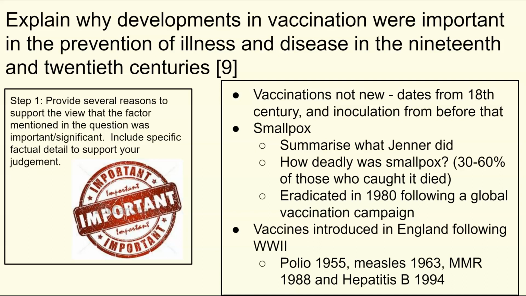The majority of your paragraph is going into details about smallpox. That's where you're providing the most evidence and explanation, your largest chunk. But you can conclude by saying smallpox seemed to be the beginning of quite a large run of the government introducing vaccination programs, and that's where you can indicate polio, measles, MMR, and hepatitis.